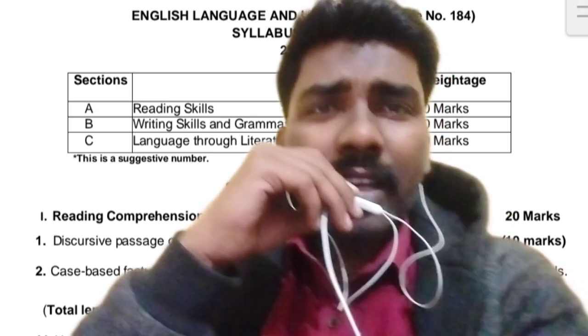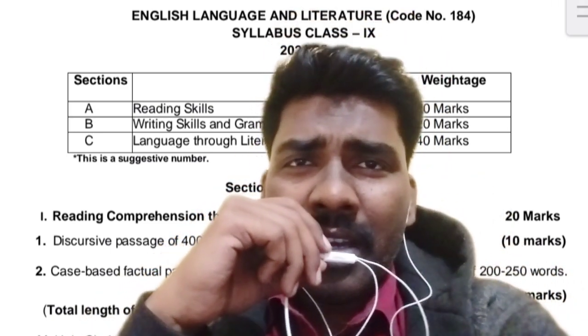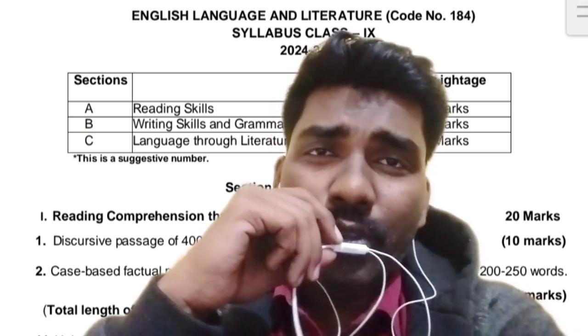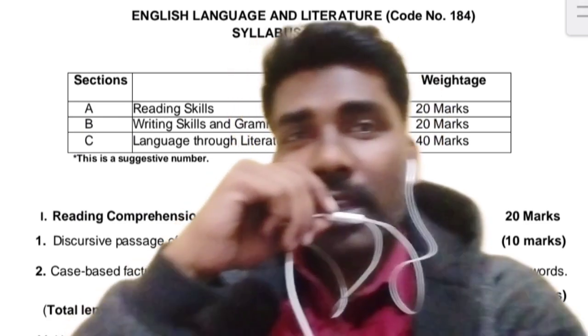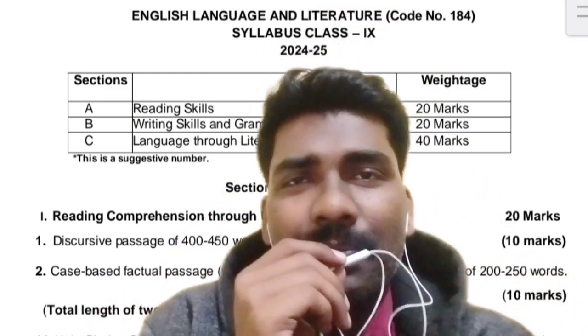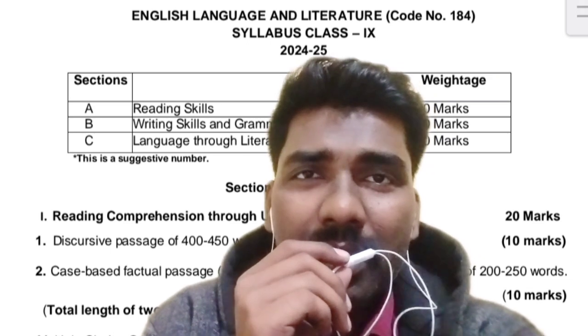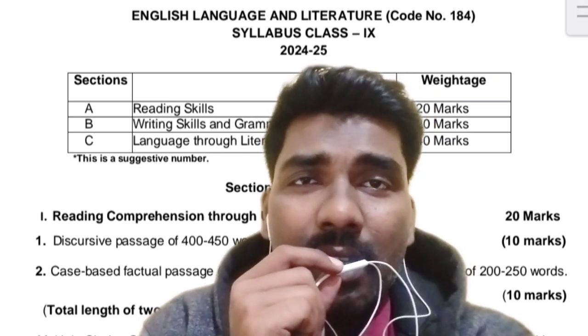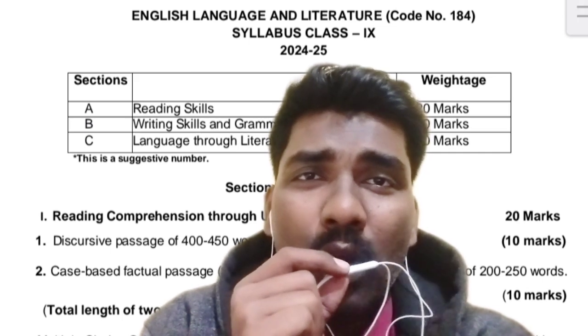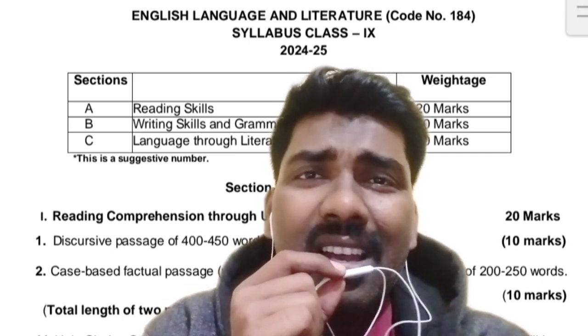We are talking about error and correction. How to solve it? Students are very confused and don't know how to solve error and correction. Dear students, it is very easy if you are perfect in subject and verb agreement, and if you know articles, prepositions, types of sentences, and pronouns. These things are asked in error and correction.